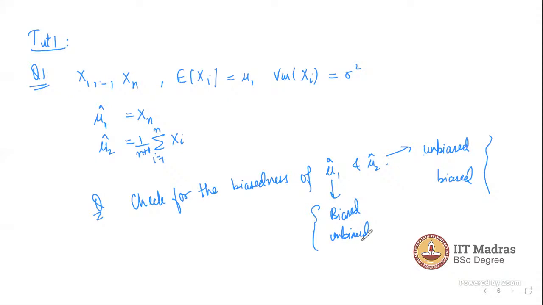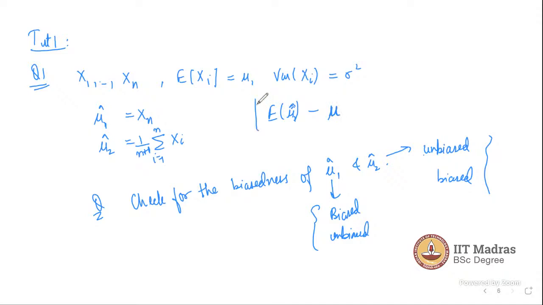Okay, so how will you check the biasness again? If its bias is 0, then it is unbiased. Yeah, right. Otherwise, it is biased. So again, to check the bias, we just have to check the expectation of mu hat minus mu.